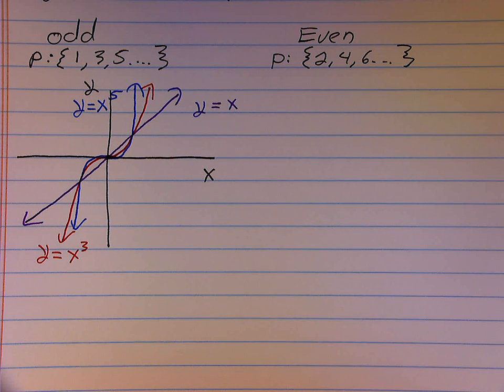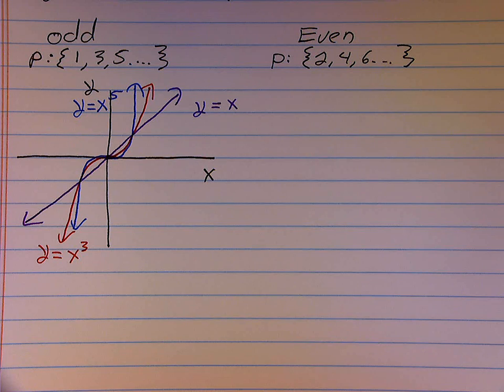And now I'm going to make a statement. If I look at the end behavior of any odd power function, the direction it's going on the left and the right is always the same for all odd power functions. A line is an odd power function.